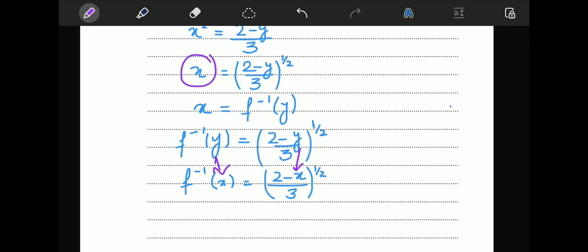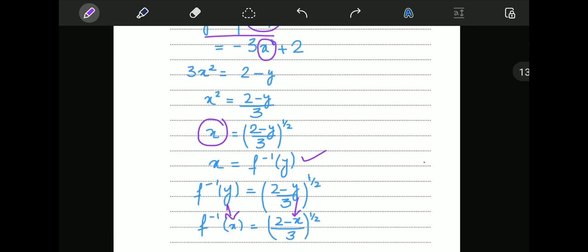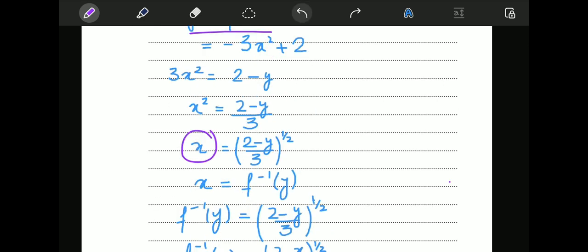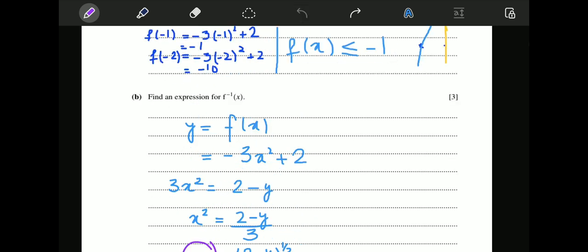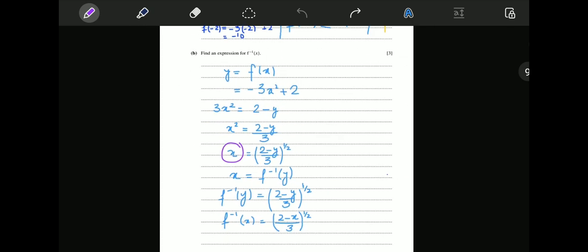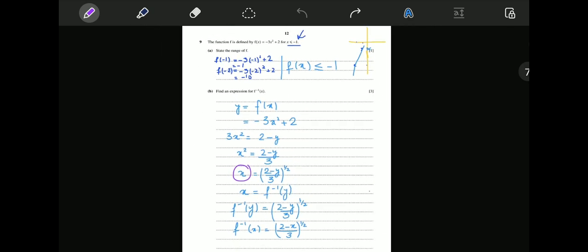Simply make x the subject, then put x equals f inverse of y. Obviously from this you can see x equals f inverse of y, and then you just change the y into x, and you will get your expression for f inverse of x. That's it. You can check this whole working of question 9.